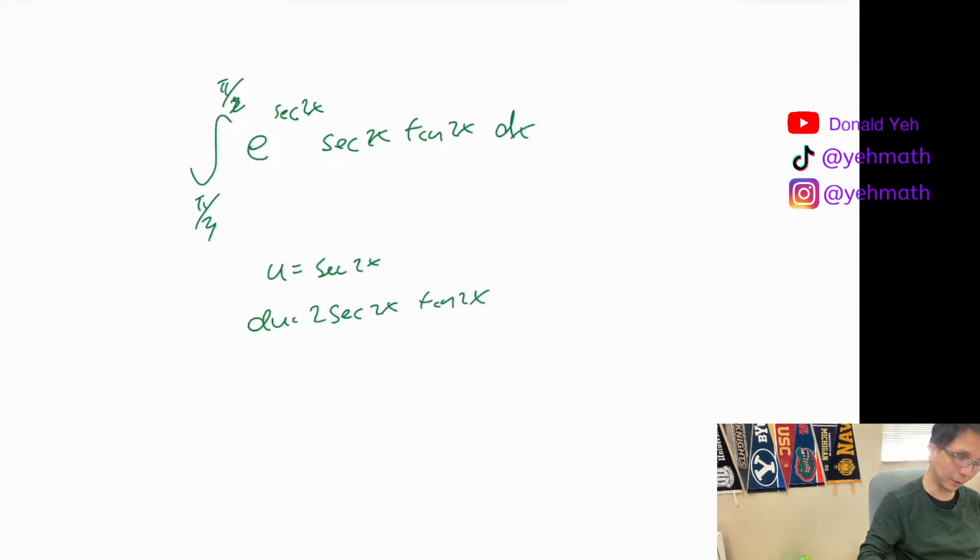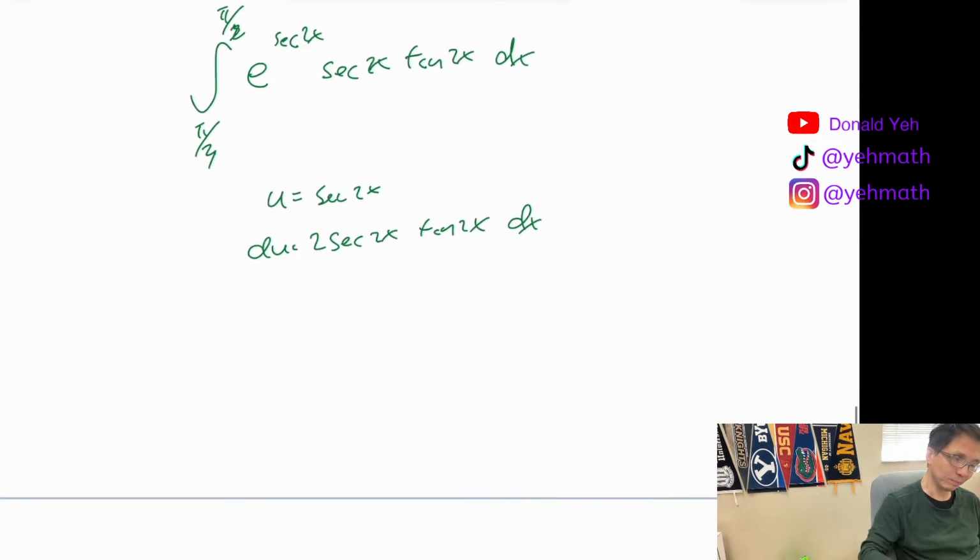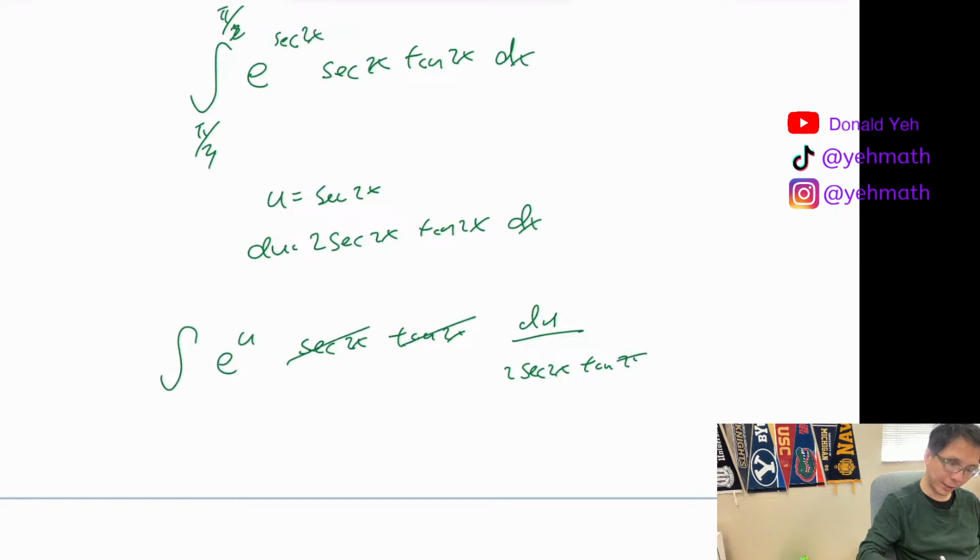Don't forget the 2, because there's a chain rule. dx. e to the u, secant of 2x, tan of 2x. This one's going to be du over 2 secant of 2x, tan of 2x. Cross it out, boom, boom, boom, boom. 1/2 e to the u.